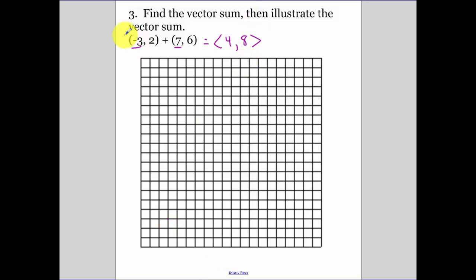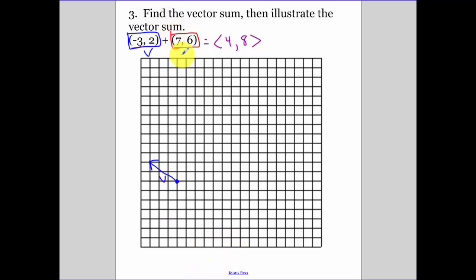What I'm going to do is I'm first going to draw this first vector here, and I'm going to call that v. So I'm going to start this vector over here. I'm going to go 3 in the negative direction, up 2. So that's my vector v.